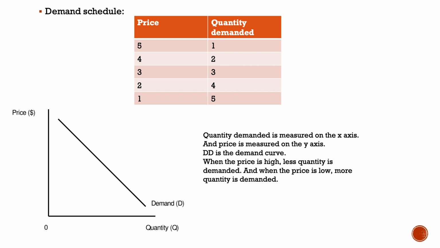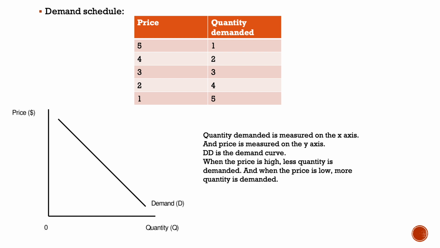After writing the assumptions, we need to make a table of the demand. So here is a demand schedule which has two important columns: one is price and the other is quantity demanded. Look at the prices properly. The price is decreasing.